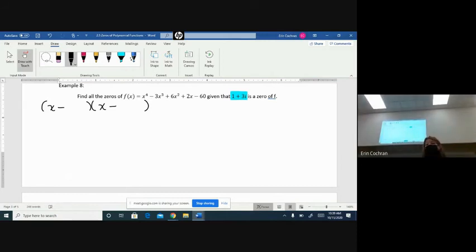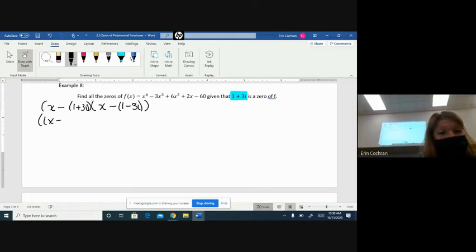So if my 0 is 1 plus 3i, what would be the other one? 1 minus 3i. Okay. So if I have x minus the quantity of 1 plus 3i, can't I rewrite that as x minus 1 minus 3i?